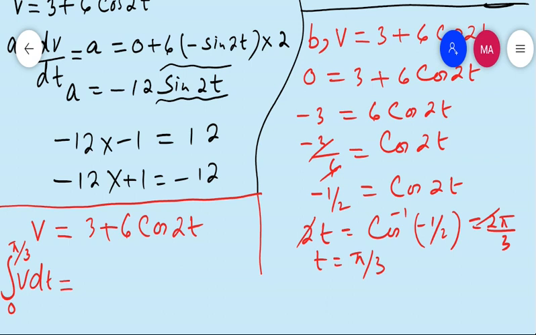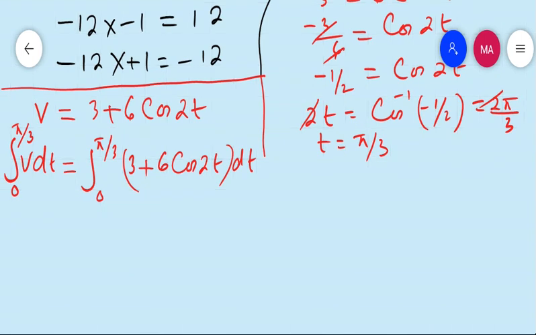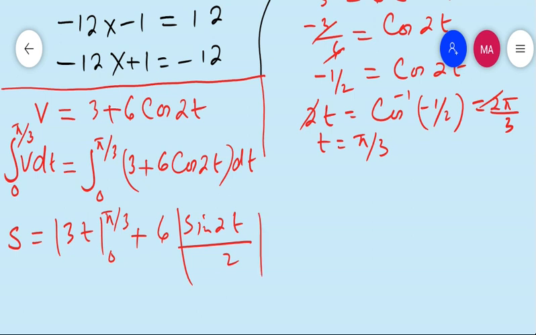So S is the integral from 0 to pi by 3 of (3 + 6 cos 2t) dt. The integration of 3 is 3t, limits 0 to pi by 3, plus the integration of 6 cos 2t, which is 6 sin 2t upon 2, limits 0 to pi by 3.